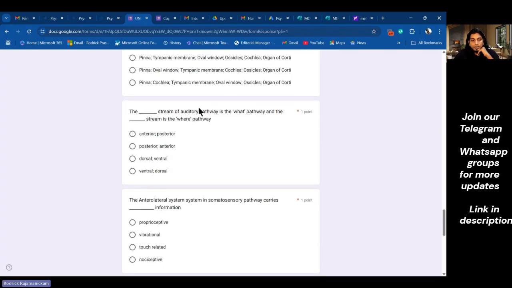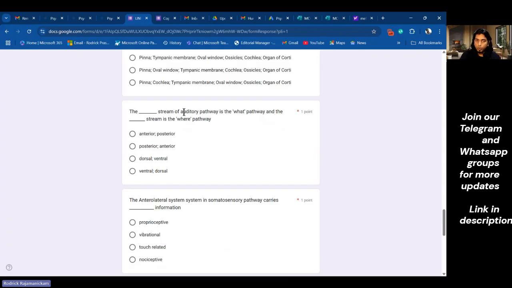So just like the ventral and dorsal pathway, we also have anterior and posterior pathways for the auditory cortex. So the anterior stream of the auditory pathway is the what pathway, and the posterior stream is the where pathway. We know the primary auditory cortex is in the temporal lobe. From there it goes to the temporal pole as well as your prefrontal cortex, where it is analyzed to identify what it is.